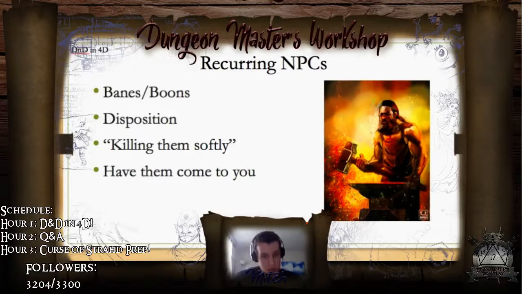Now, I said killing them softly, and all I mean by that is killing the NPC in a way that has nothing to do with the plot or the story that the players were involved in. Joseph Rector hit it right on the head: people die, have the NPCs die in a normal way. That is exactly what killing them softly means.